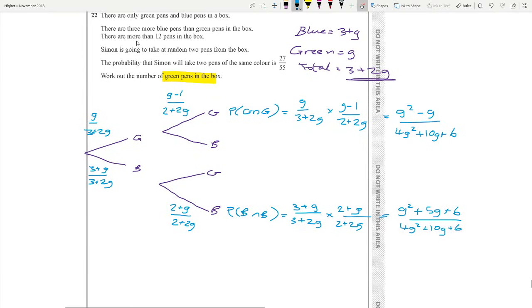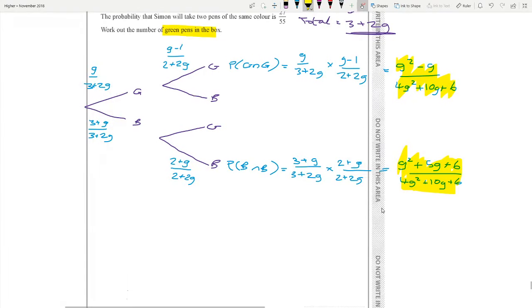Okay, the probability that Simon will take 2 pens of the same color, so he's either going to take out a green and a green or a blue and a blue, is 27 over 55. So now we basically need to add this fraction with this fraction, and that would be the probability of getting 2 of the same color.